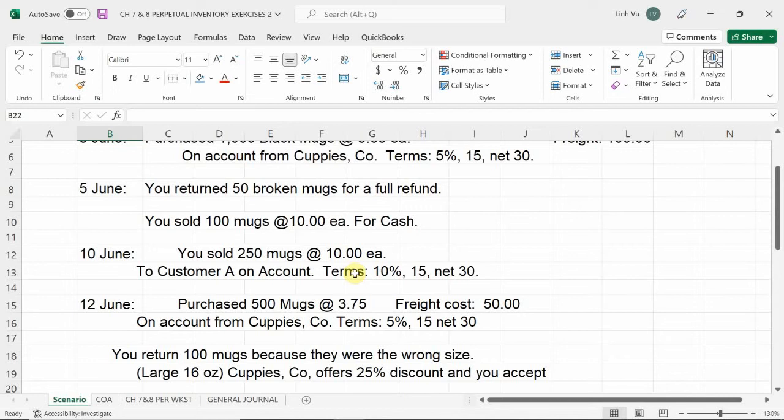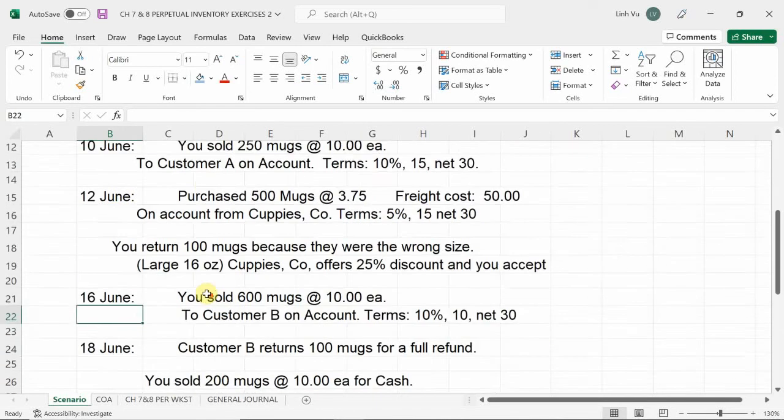Now in this case, what is 15 days from now? June 25th, because we sold to customer A on June 10th. So 15 days from now would be the 25th.